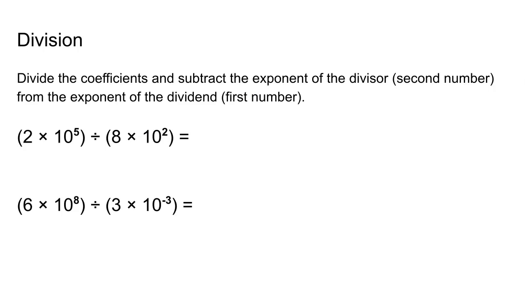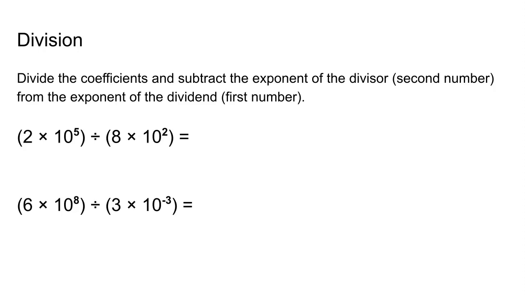Now let's talk about dividing numbers in scientific notation. When dividing numbers in scientific notation, divide the coefficients and subtract the exponent of the divisor, which is the second number, from the exponent of the dividend, which is the first number. So in this case, you're dividing 2 times 10 to the 5th by 8 times 10 squared.